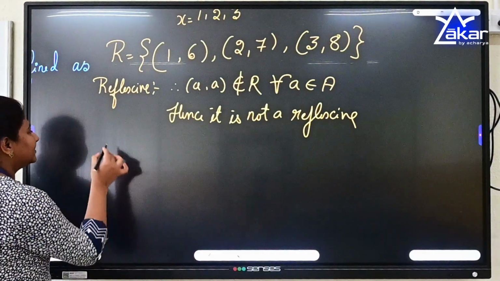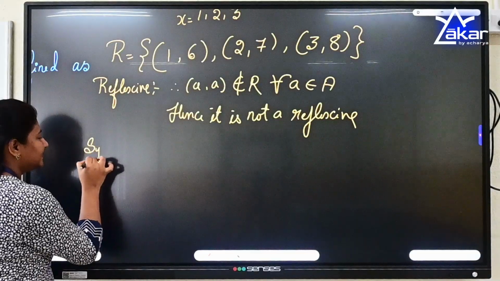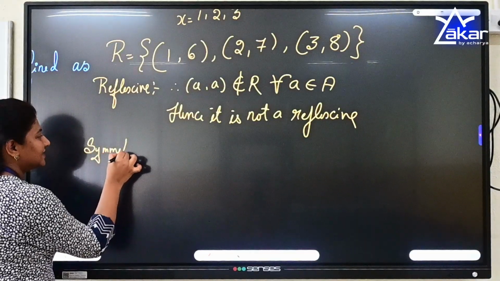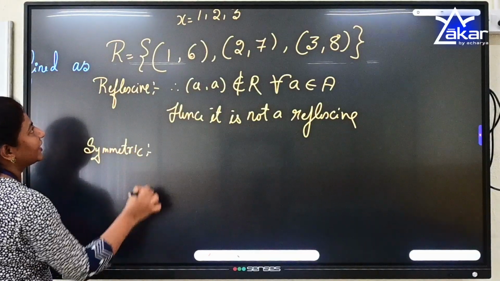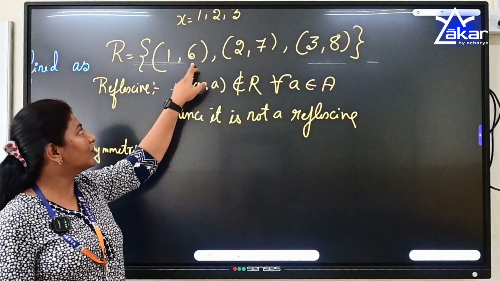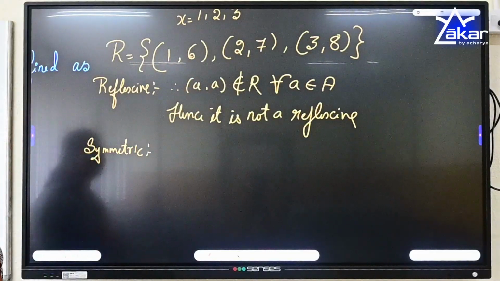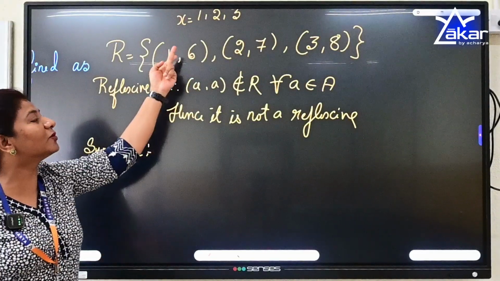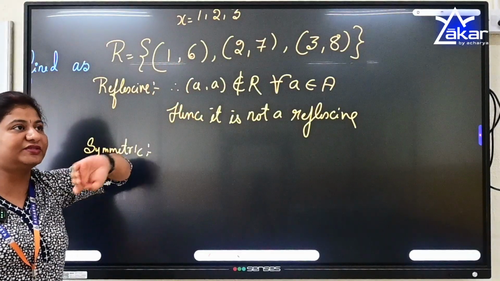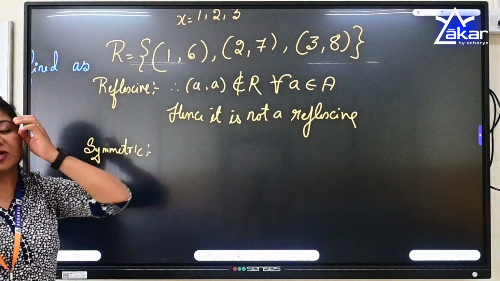Now in the same way let us check for symmetric. What does the symmetric condition say according to R? If a comma b, 1 comma 6, is belonging to R, you need to check the reciprocal or vice versa of these two. Is there any presence of 6 comma 1?